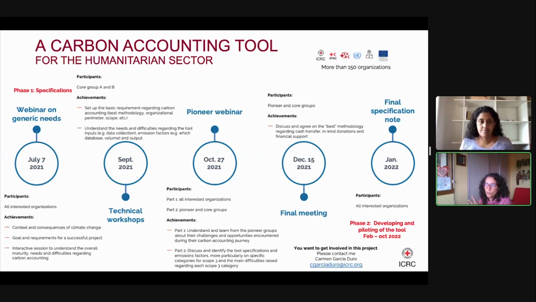We were using a consultant who has already been working with different humanitarian organizations to build their tools. But it was very important that they had a better overview, not only of the two organizations they have worked with, but a more global one. And I think it went quite well.